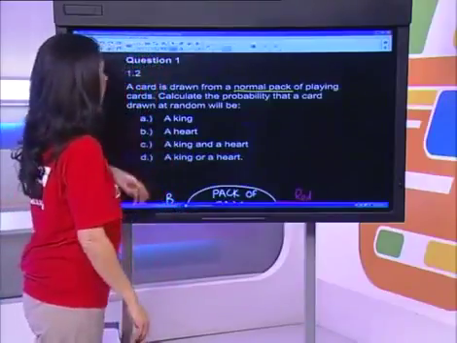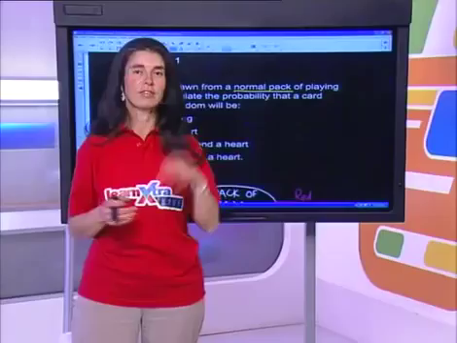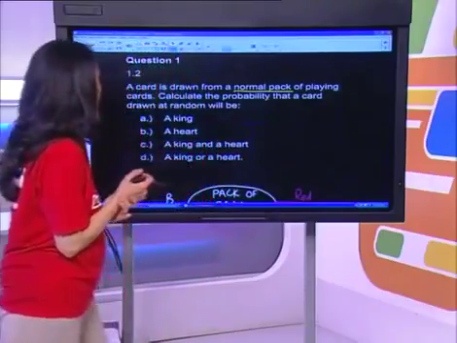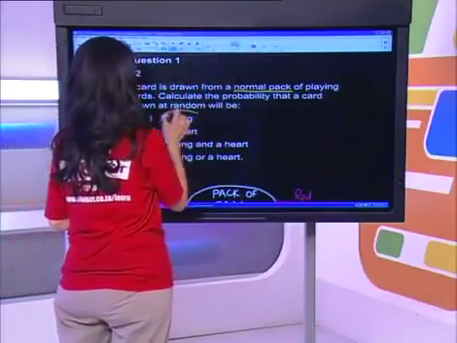We want to calculate the probability of the following: a card drawn at random, so I pick any card in the pack without going to a specific place where I know that card is sitting. What is the probability of us getting a king?